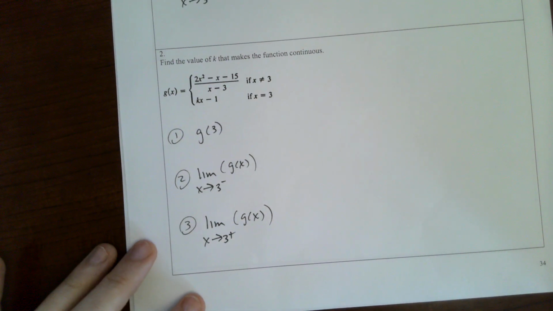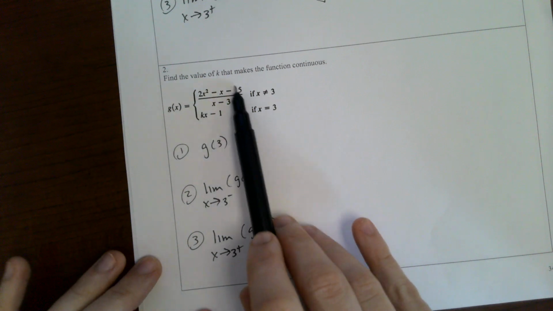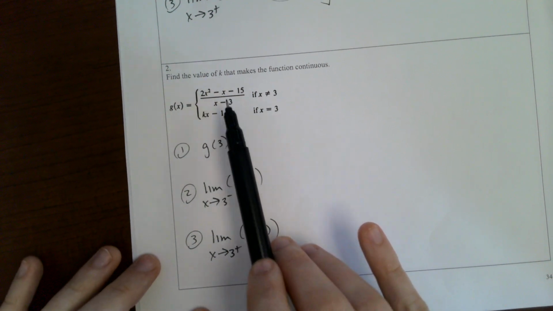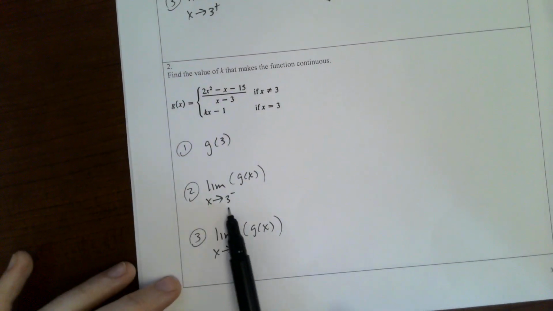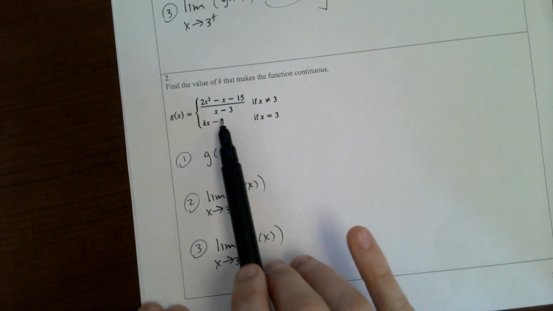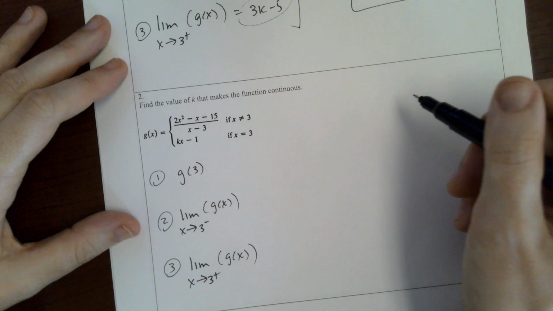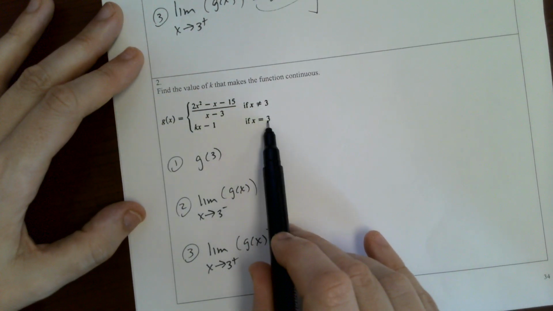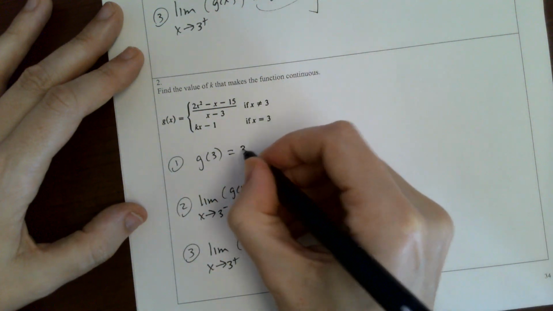Now, when I'm approaching 3 from the left and the right, I'm going to want to be using this top function. And this top function, I'm going to have to simplify, because I'm going to have to do algebra on the inside since I'm not going to be able to plug 3 in because of the denominator. So for g of 3, x is equal to 3, so I'm plugging in there. So that is 3k minus 1.